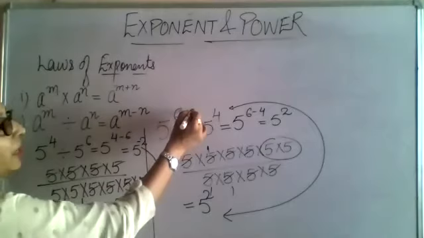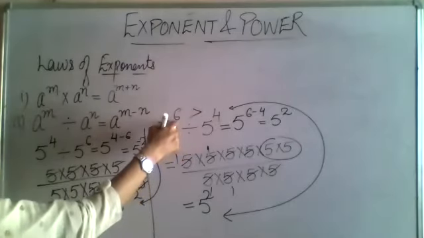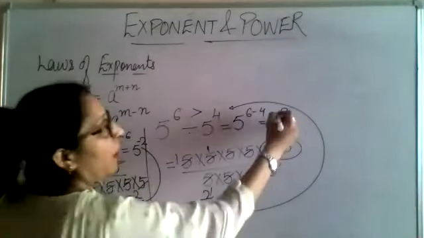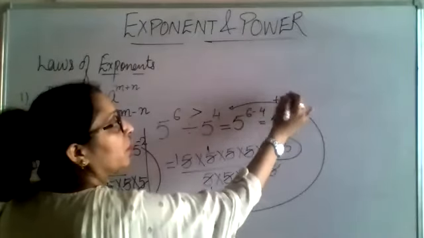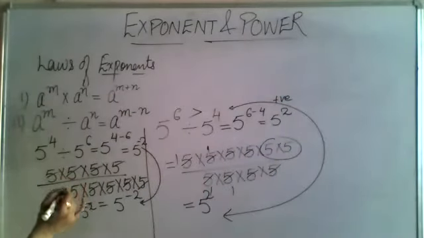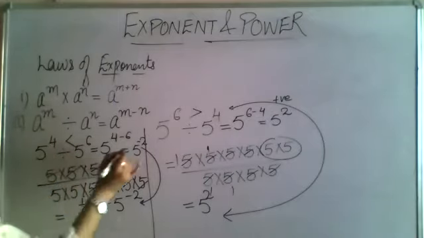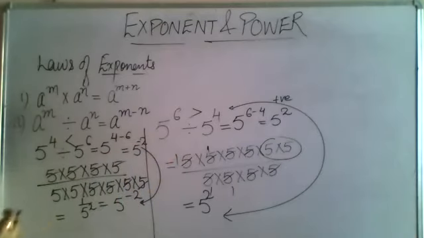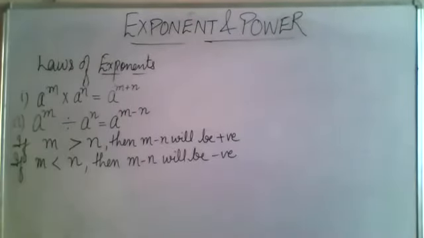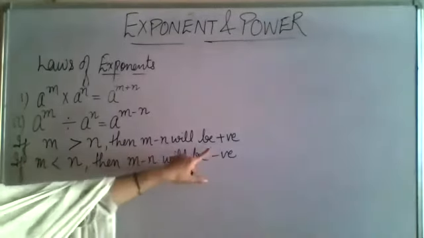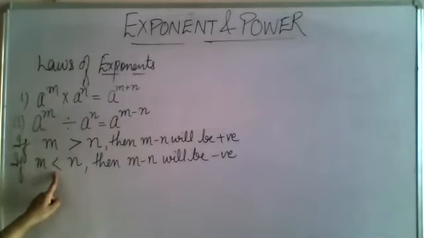If m is greater, meaning this power is greater, your answer is coming positive. And if this is smaller, then the answer is coming negative. So we will write this point: if m is greater, then the power will be positive. If m is smaller, the power will be negative.